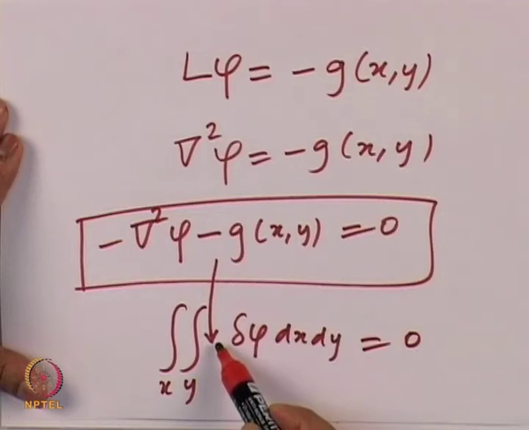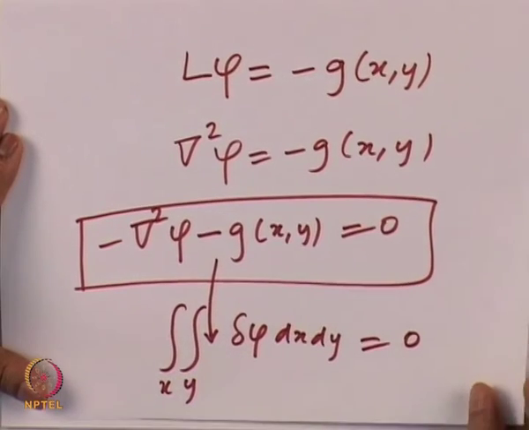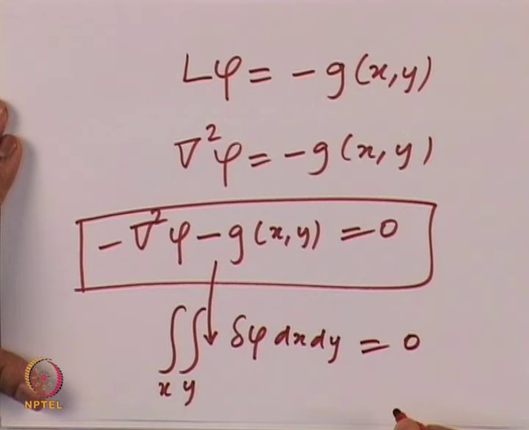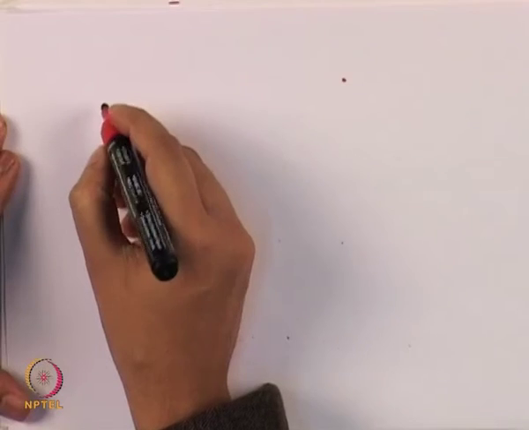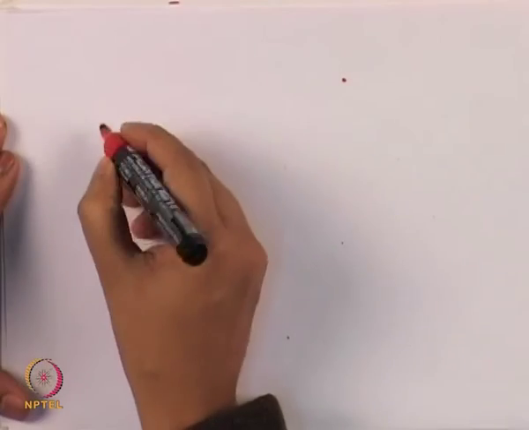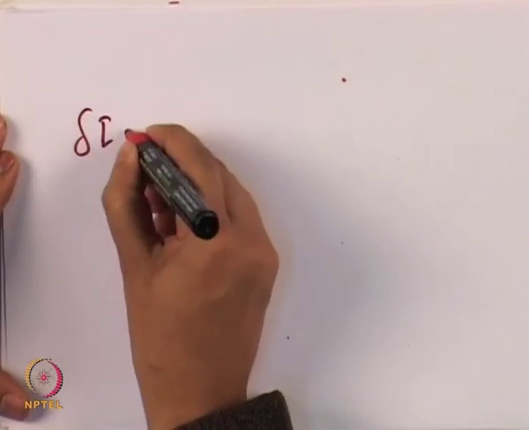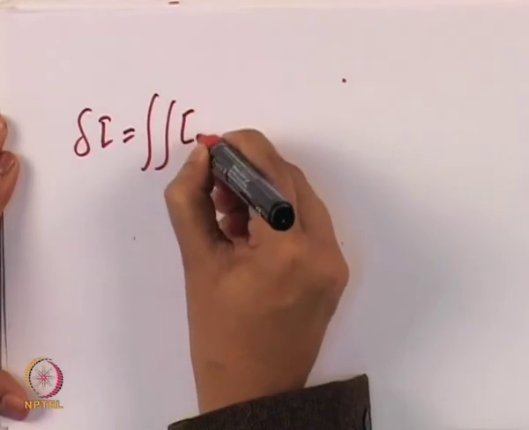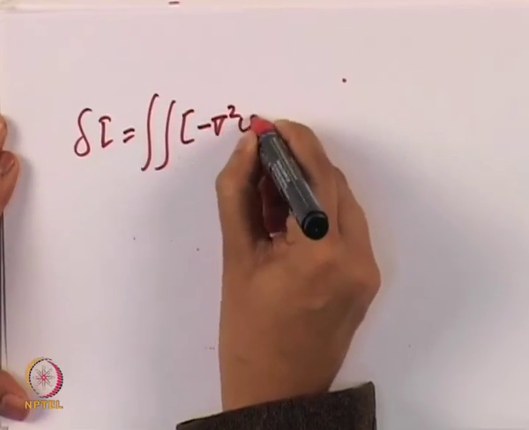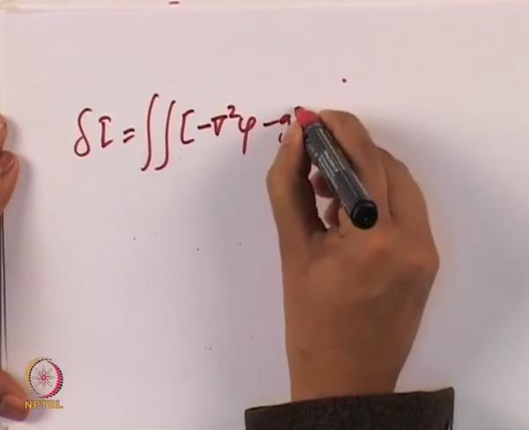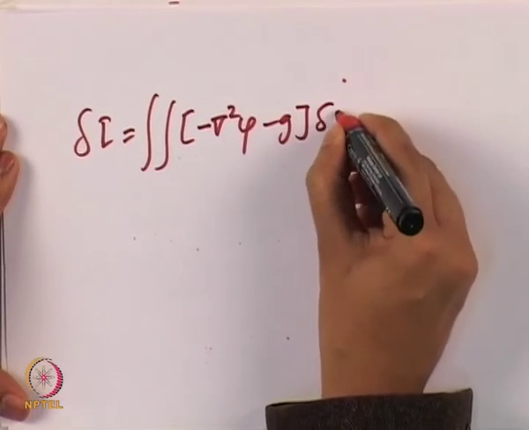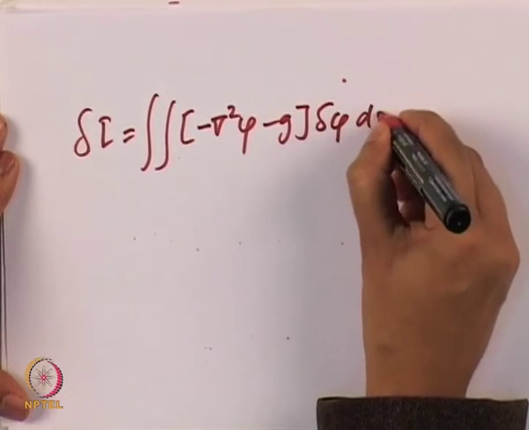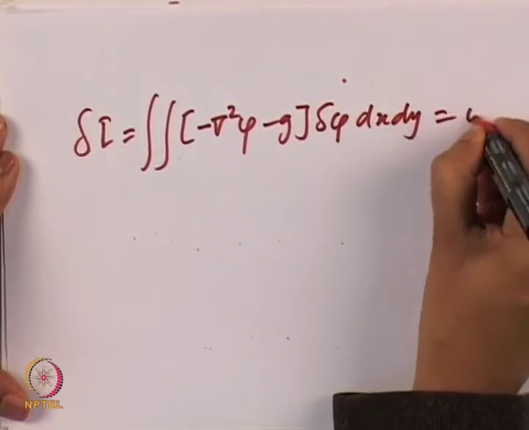So when I put this expression here, you will get to the point where we have the form, and I say that the small variation in I is equal to the double integration of minus square phi minus g with a small variation in phi dx dy is equal to 0.